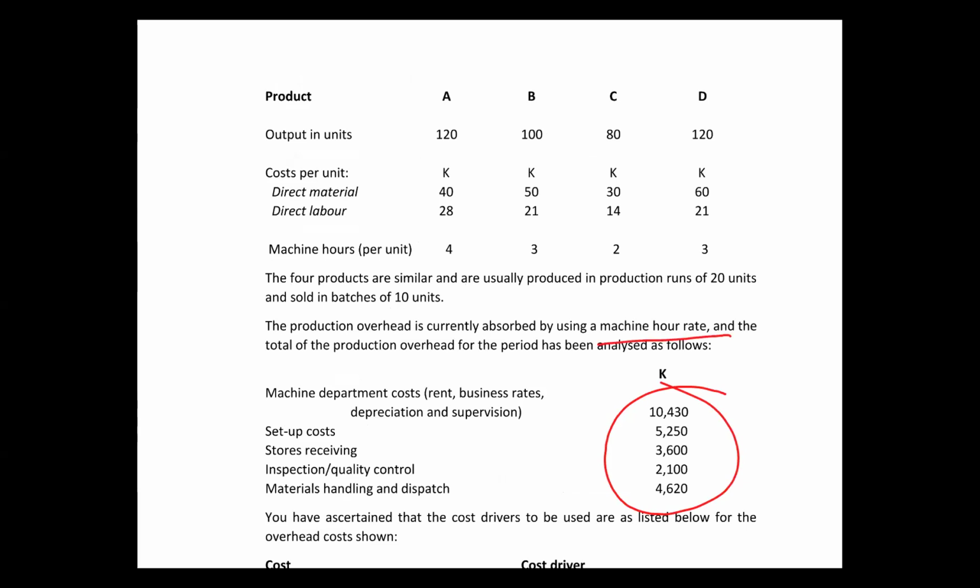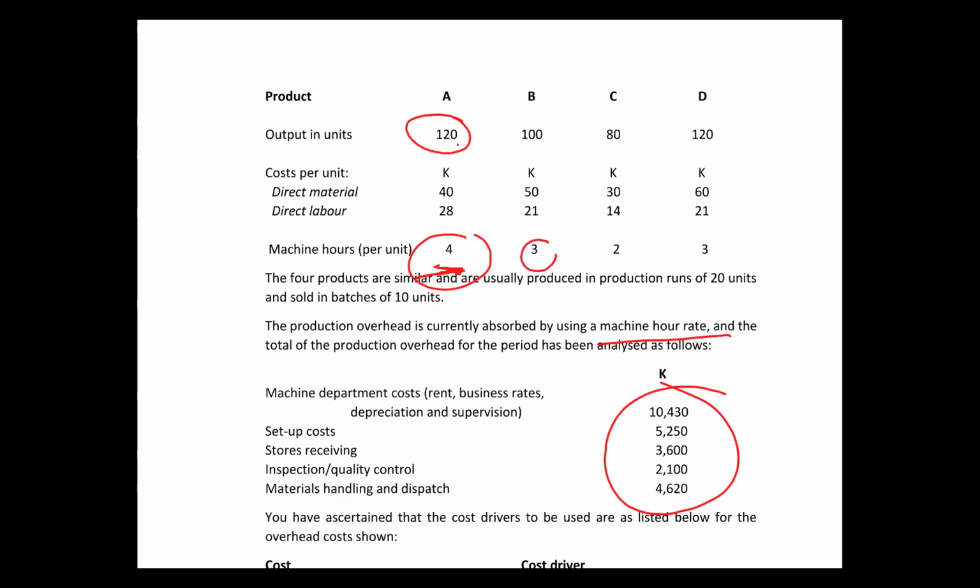For you to know the total number of machine hours, you're told for product A, it is 4 hours per unit. Which means if you want to know the total number of hours for product A, you would say 4 hours times 120 units, because this 4 hours is just for 1 unit. That would give you specifically the total number of hours for product A.